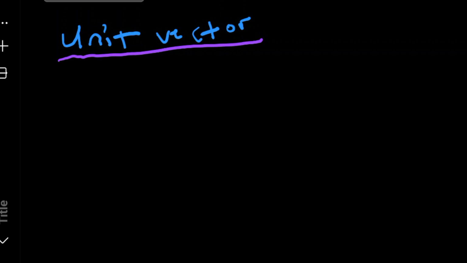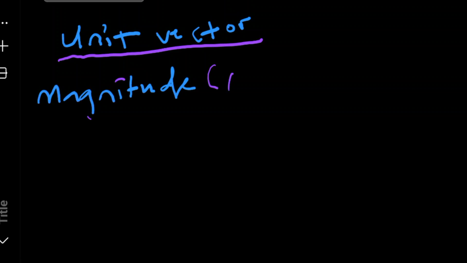Alright, so let's look at magnitude. The magnitude is written as either just A or A with our arrow over it in straight brackets.